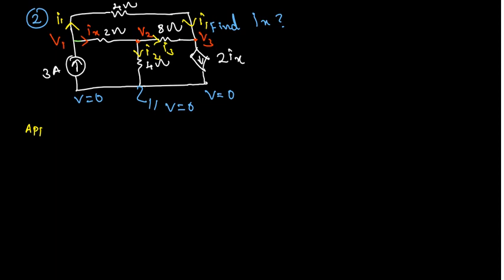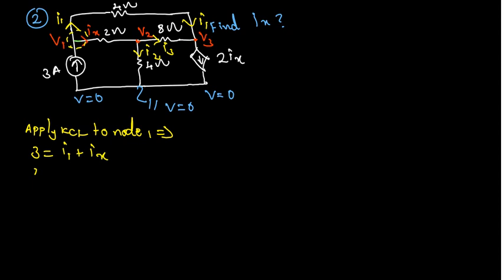Applying KCL to node 1. So node 1 is here. KCL means incoming current is equal to outgoing current. So incoming current, 3 amps, is equal to I1 plus Ix.